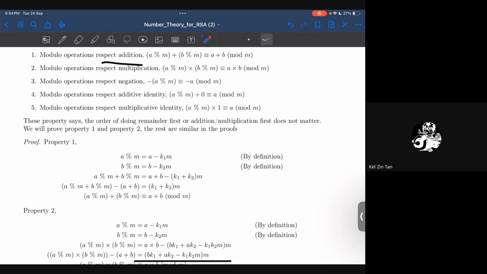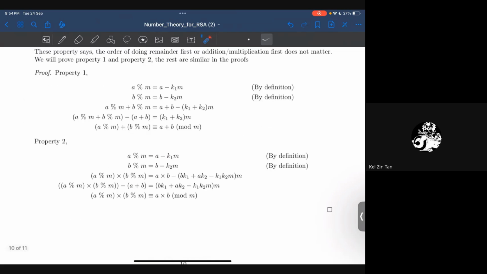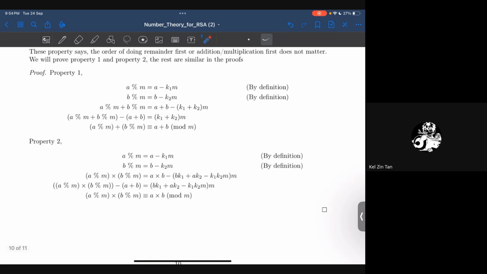And then I move this towards the other side. Then a modulo m plus b modulo m minus a plus b is equal to k1 plus k2 times m. And by definition, this will basically say that a modulo m plus b modulo m is congruent to a plus b modulo m.